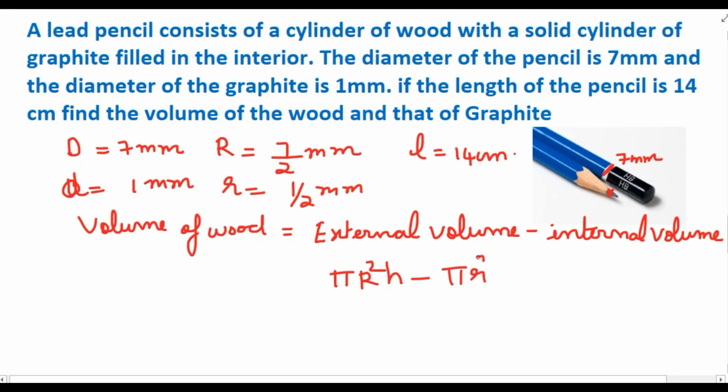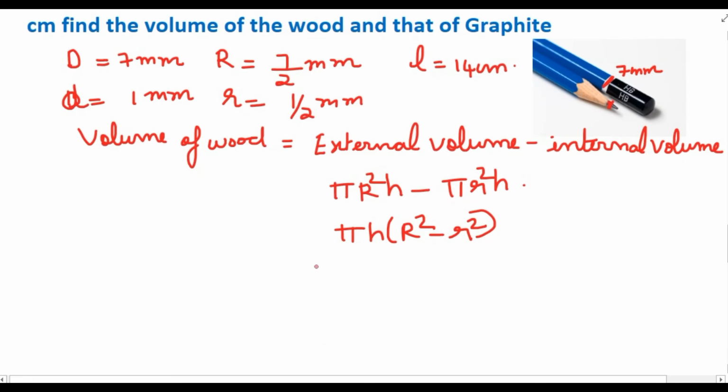Internal volume is pi r square h. So pi h into r square minus r square you have to do, which is equal to pi, 22 by 7 into h, which is 14 centimeter.